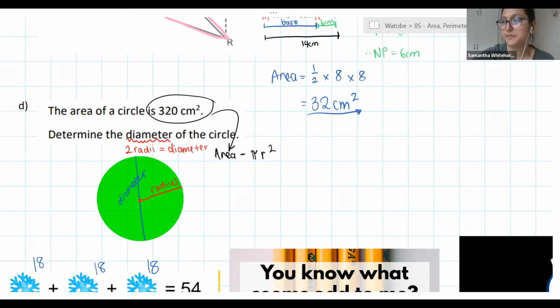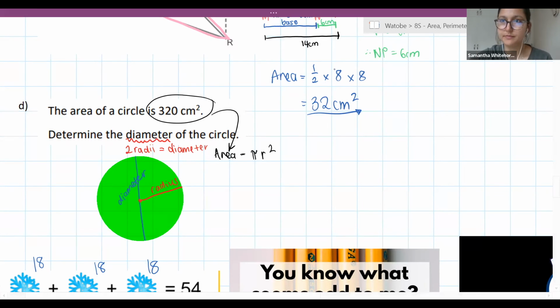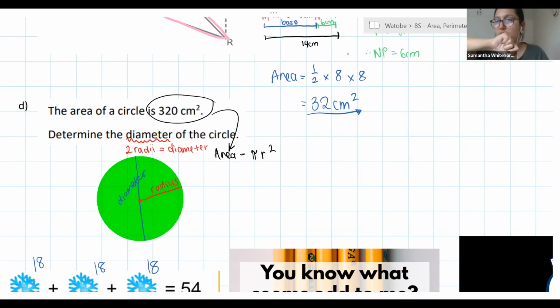I want the diameter. I know this is slightly tricky, and it's the reason why I'm giving it to you. It's good to have a think and good to struggle through questions sometimes. Remember, I've given you the area, so think about that carefully when you substitute into your formula.